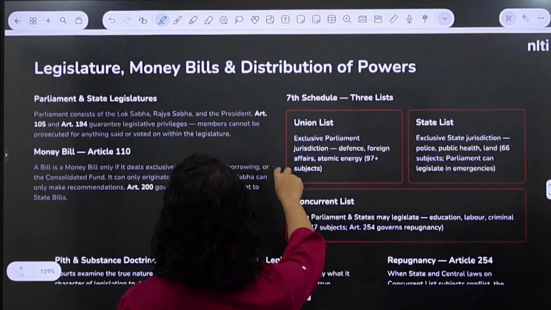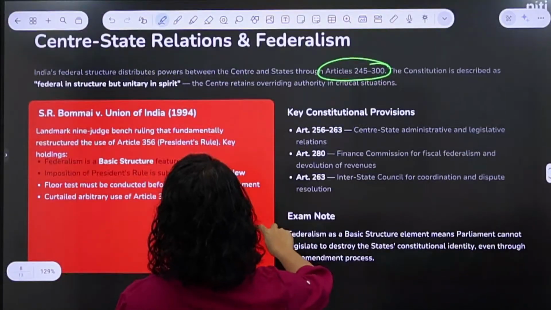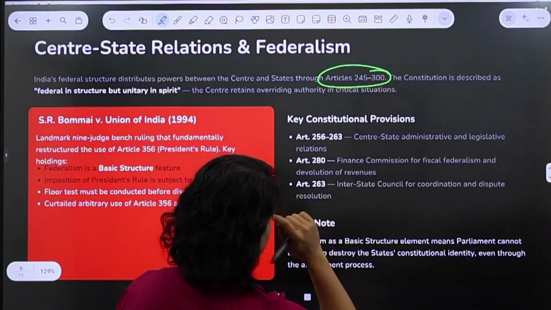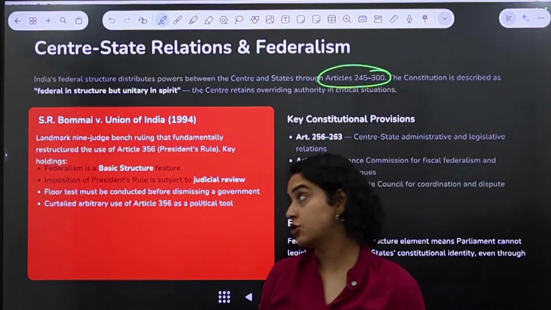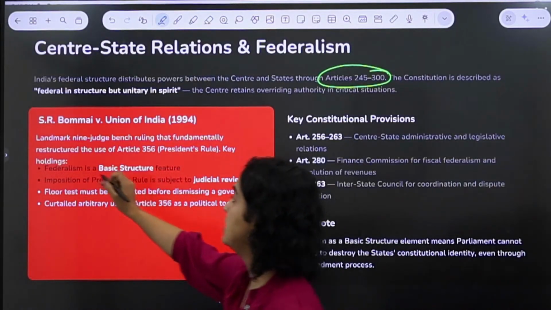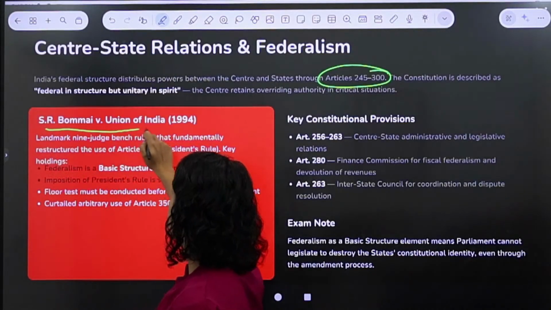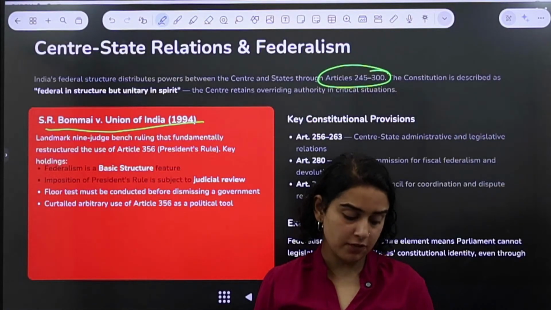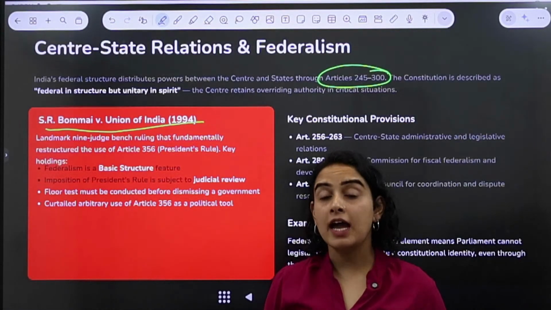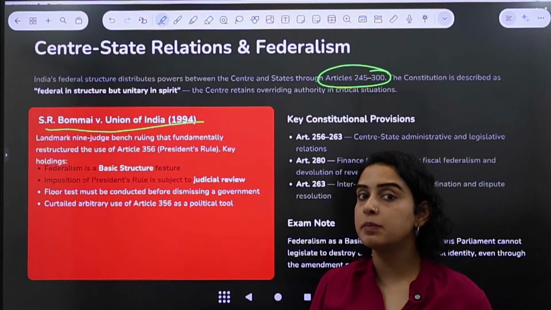Okay, we're going to be discussing that as well. First of all, let's discuss what center state relation here means, right? So, center state relation is part of the basic structure. Now, this is something which has been discussed in the judgment S.R. Bommai versus Union of India. This was a judgment of 1994, which said that federalism is going to be part of the basic structure.